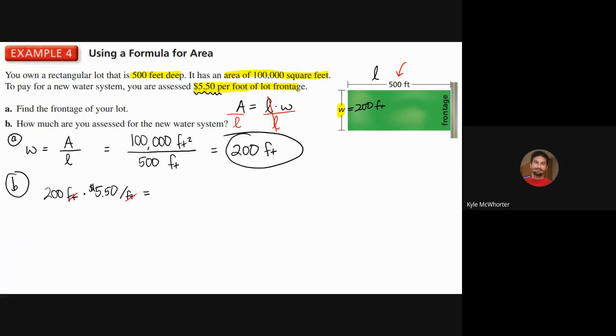The feet are going to cancel out, and we're going to be left with dollars. 200 times 5.5 is 1,100 dollars.